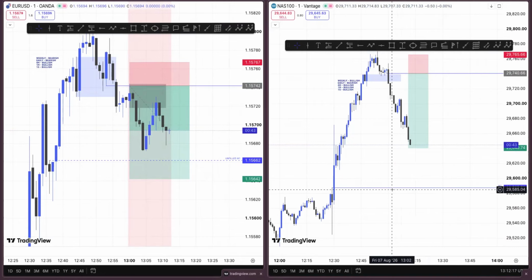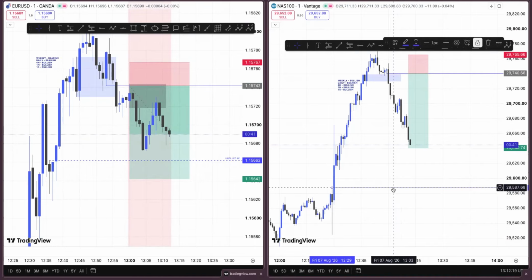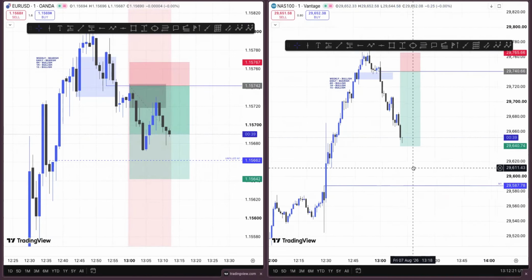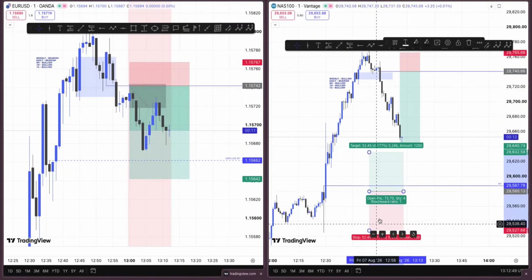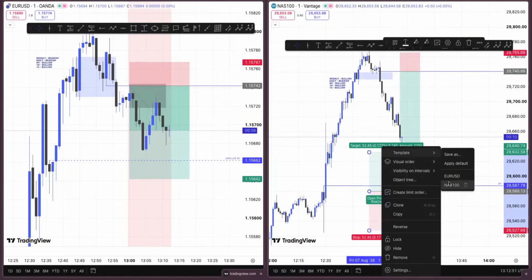This is a true area of demand right here. So if price is to come to this area, I'm supposed to buy. But I'm not confident with this demand just because of how big it is. If a demand is big like this, price can use any part of it to give the move.